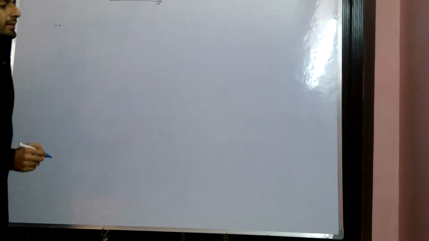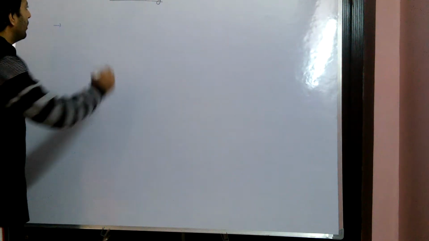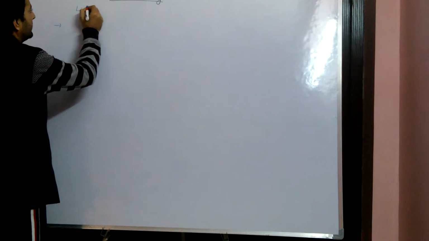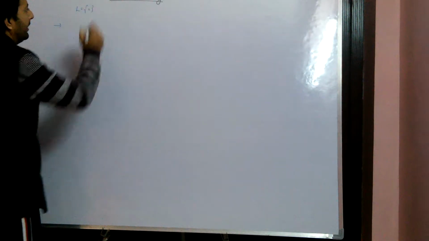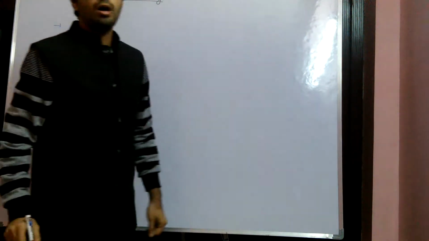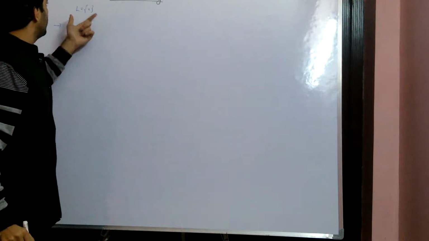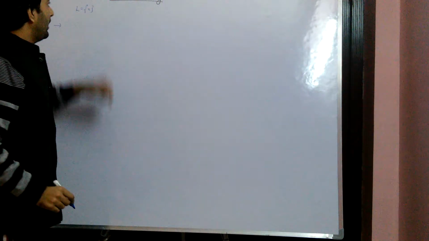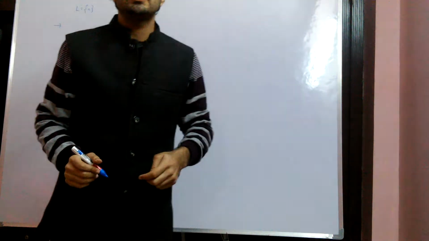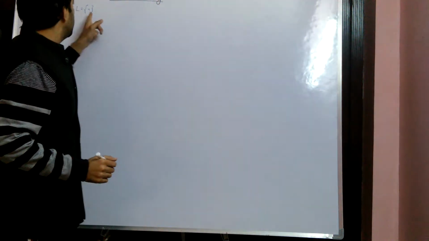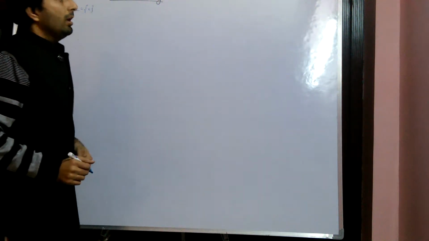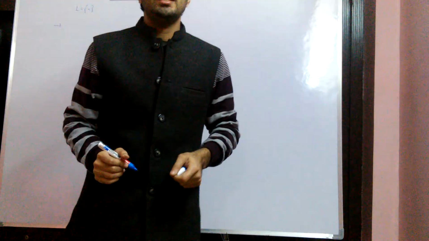Suppose I want a language that contains only a single string, A. So out of the infinite combinations of the alphabets, we want only a single string, which is just a single A.